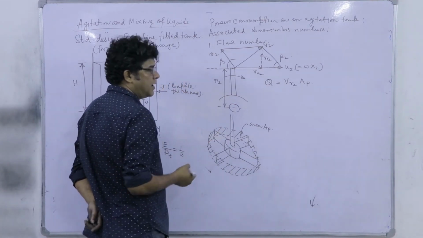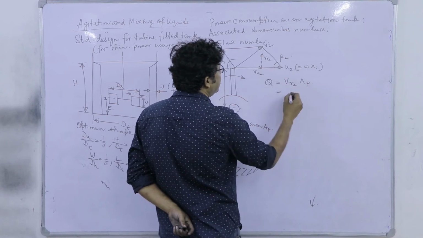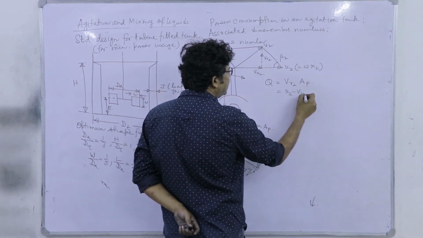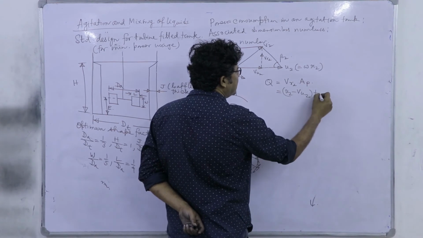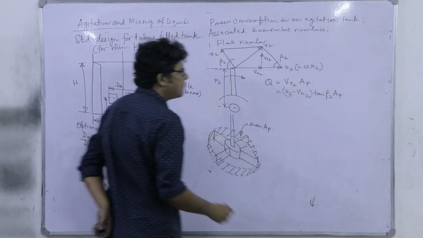So, Vr2 into AP. Now, Vr2 is what? Vr2 is u2 minus Vu2 into tan of beta 2 into AP, right.